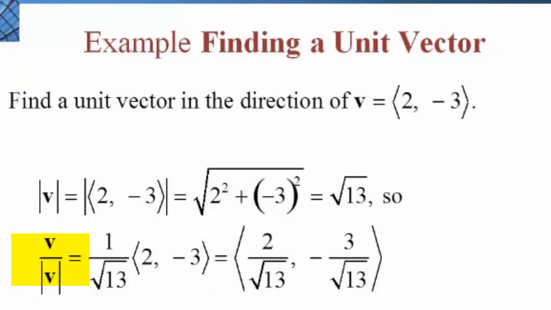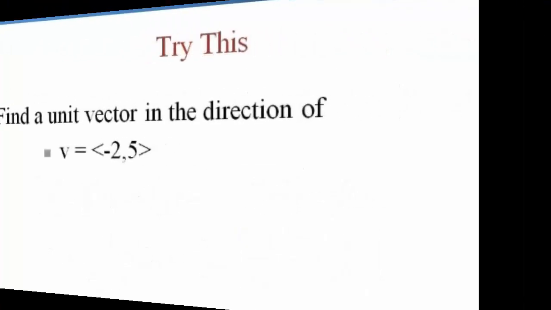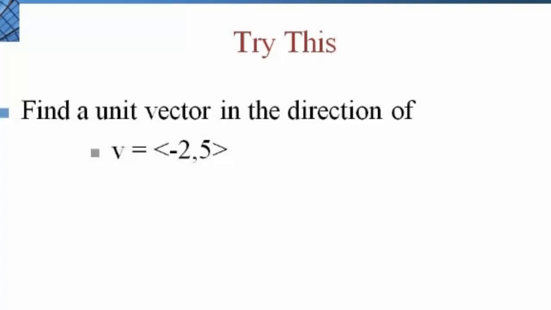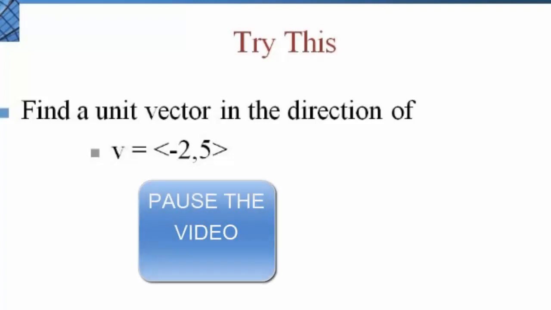So v over the magnitude of v is 1 over the square root of 13 times the vector 2, negative 3. 1 over the square root of 13 is our scalar. So we use scalar multiplication, and we get 2 over the square root of 13 and negative 3 over the square root of 13. Try this. Find a unit vector in the direction of vector v, which is negative 2, 5.